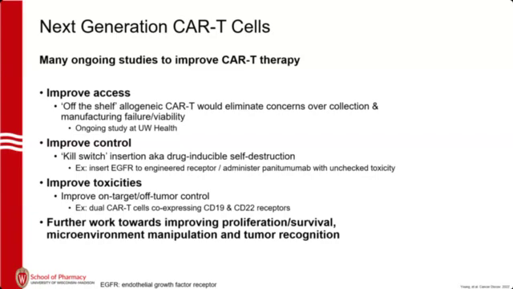And then hopefully we can improve toxicities, improve that on-target, off-tumor control, trying to get rid of those patients that have complete B-cell aplasia, and keep that receptor targeted towards the malignancy and off of healthy tissues that we don't want to affect. So further work is moving towards improving the proliferation and survival of those CAR cells, and hopefully this will continue to grow and evolve and improve in some of these shortcomings that I've highlighted today.